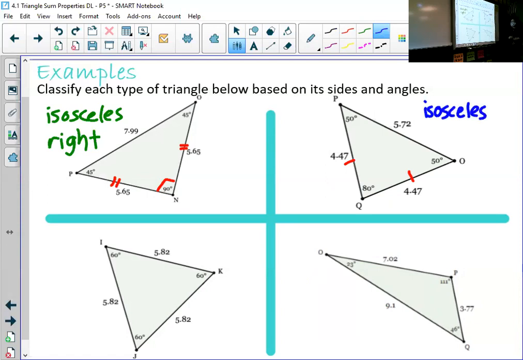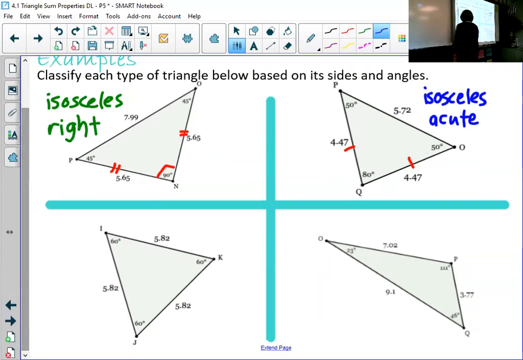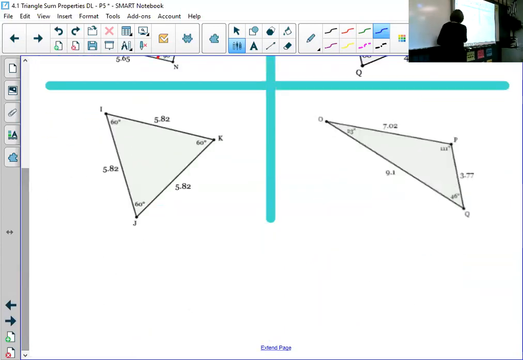And then how do I name it by the angles? I have 50, 80, and 50. Acute, because all of them are acute angles. They're all less than 90. So we would call that an isosceles acute triangle. Let's look at the third one.